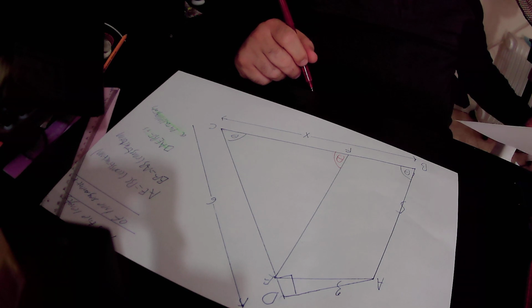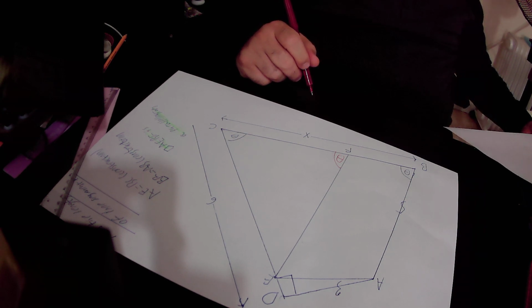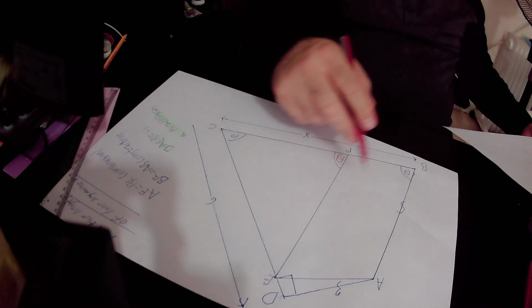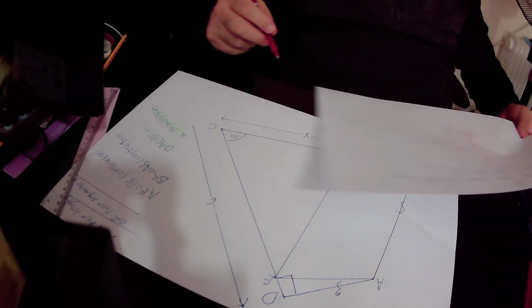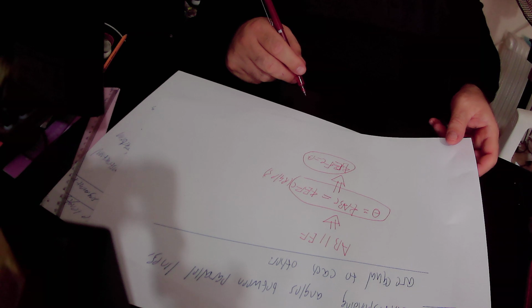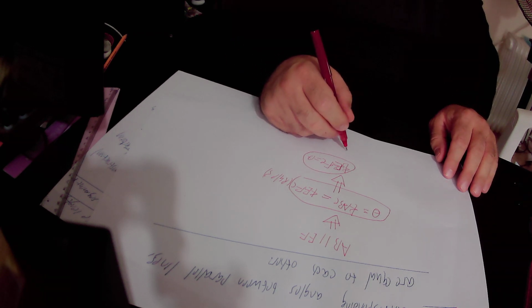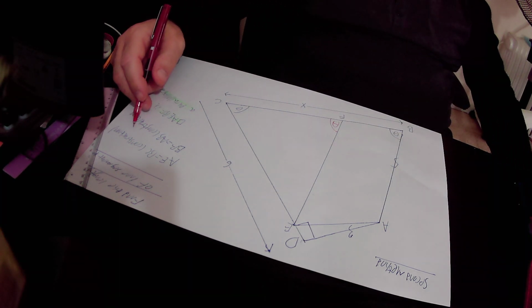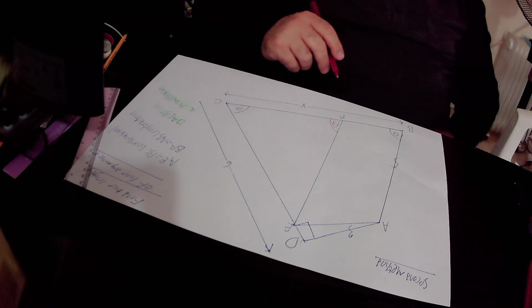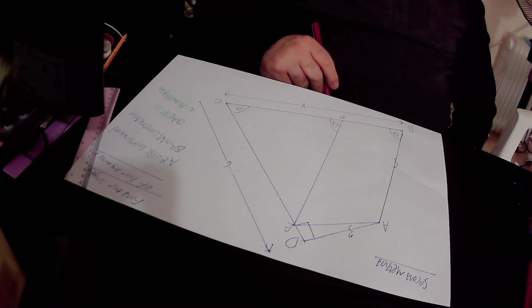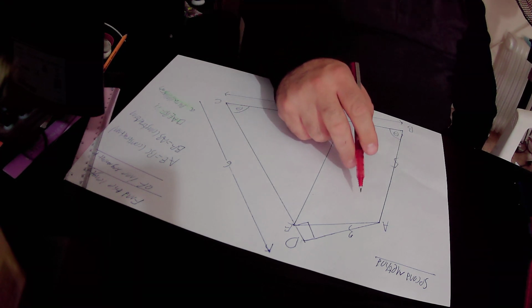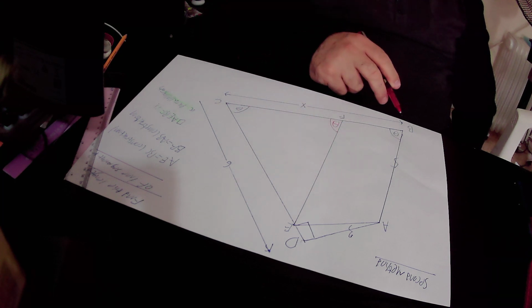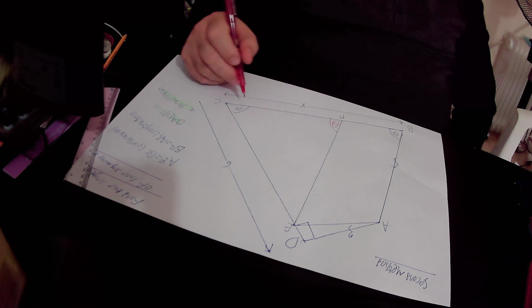Likewise, according to rule number 3, because AE is parallel to BC. Okay, we drew the straight line AE in such a way that it will be parallel to BC.